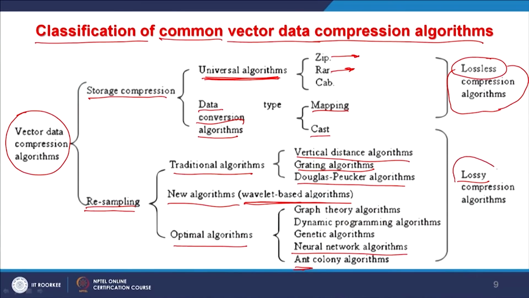But the important point before I go to the next slide is that lossy compressions are not preferred at all. I will give you one example from a raster data compression technique, which is based on a wavelet based algorithm and is called MrSID, which may allow you compression of up to 50 times. What I mean is that if I have a raster file of 50 megabytes, using that wavelet based algorithm, I can reduce it to 1 MB.